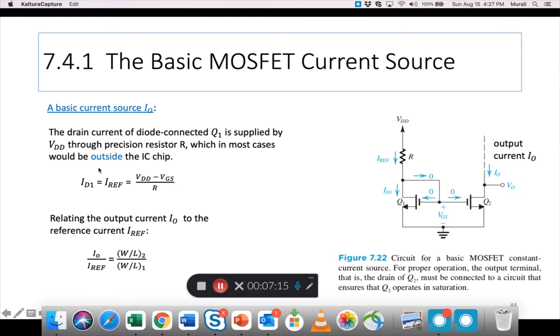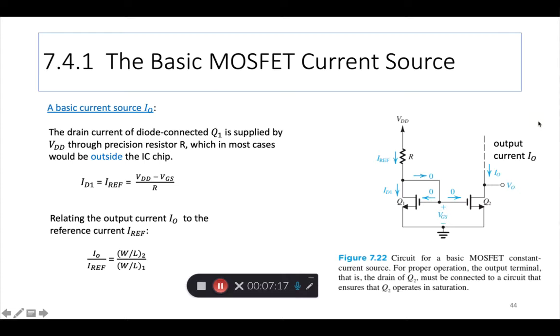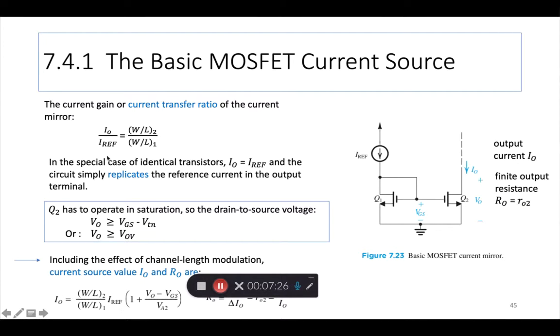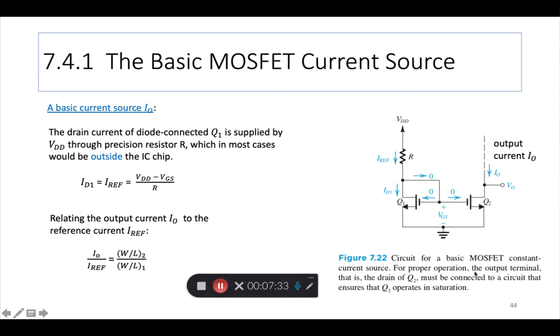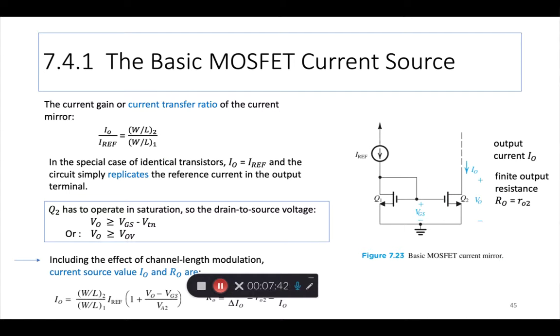Please go through it and get some idea of how this logic comes about. This ratio is the current gain, or current transfer ratio, of the current mirror. This whole thing is also called a current mirror, which maybe I haven't said anywhere: this combination is a basic current mirror.